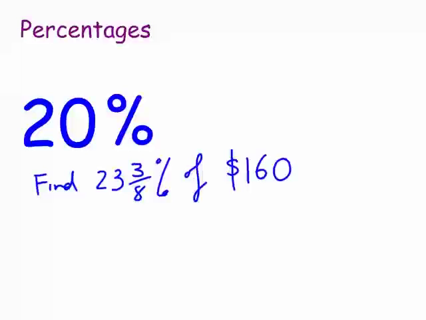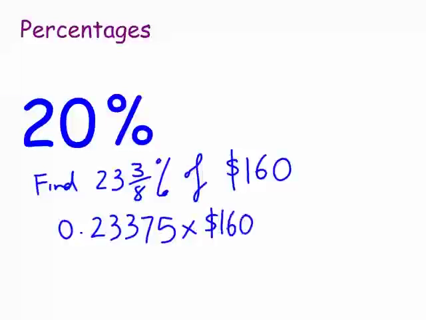Let's see how we do that. I'll give you a few seconds to think about it. Obviously, it's going to be 0.25375 times 160. Then we just need to do this as a calculation exercise.